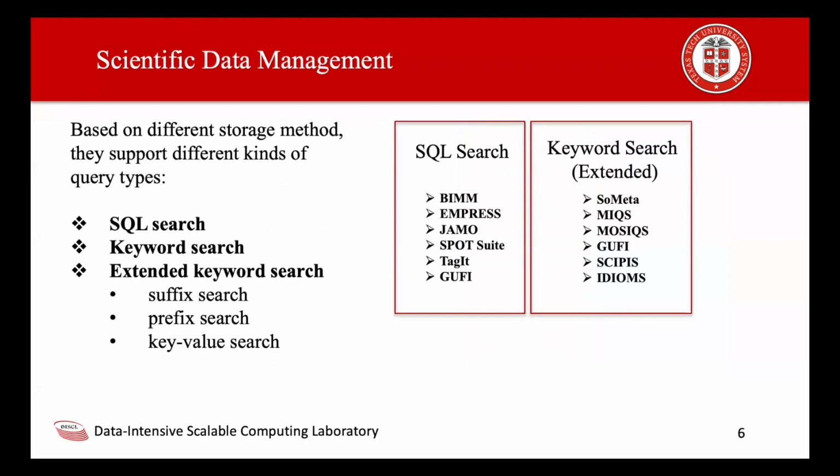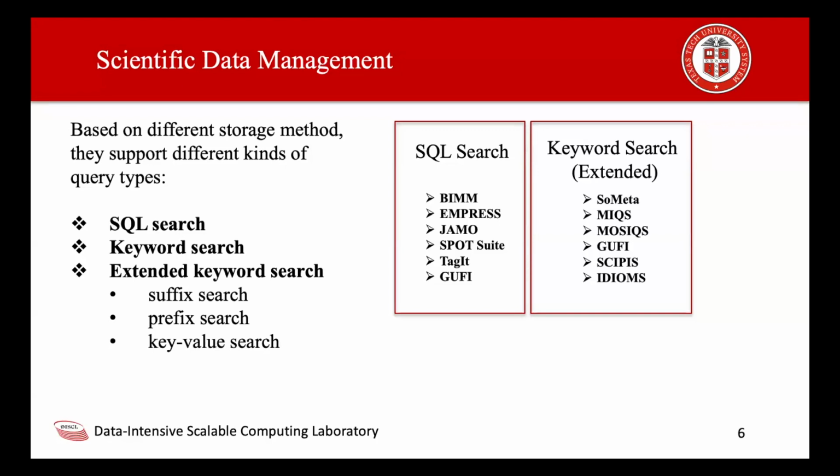Based on the query types they support, we can categorize them into two different kinds of methods. One is SQL search, because they rely on the relational database, so they can use its query functionalities.